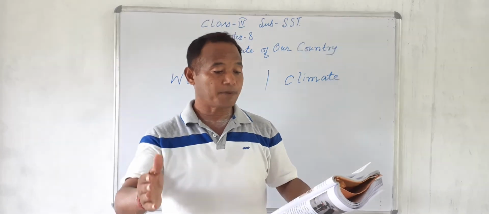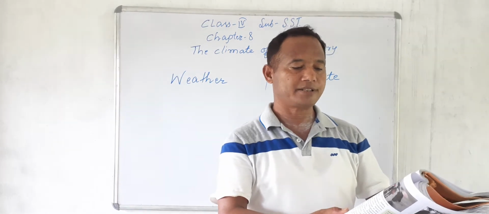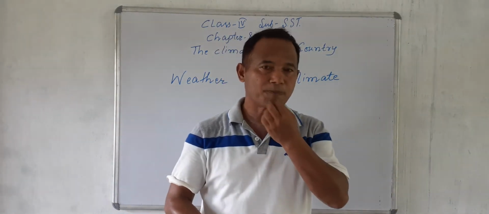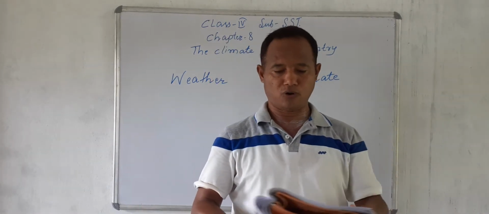But the coastal plains are not so hot in summer because of the cool sea breeze. As I have told you, the coastal plains of India are normally neither too hot nor too cold.